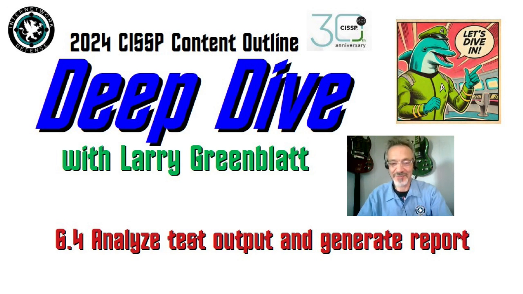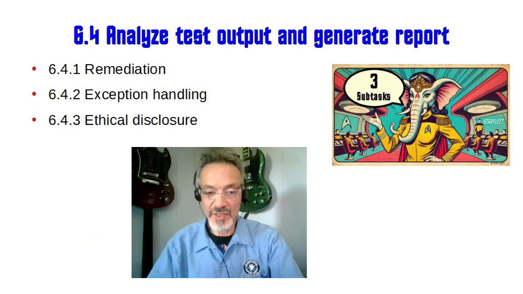Again, three subtasks here, and they're broken down into: 1. Remediation, which involves prioritizing the vulnerabilities, planning and tracking remediation efforts, and validating the effectiveness of the actions. 2. Exception handling.